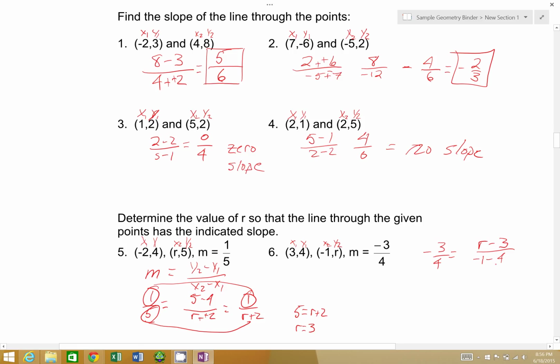Sorry, wrote those down incorrectly. Negative 1 minus 3 and r minus 4.